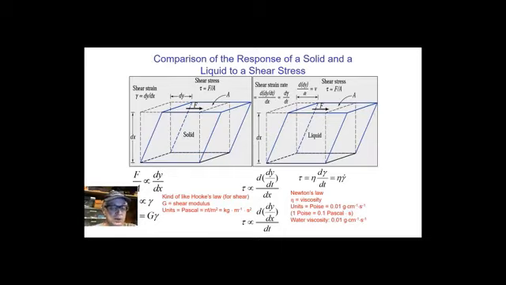Okay, let's begin with the solid, which is on the left. And this is liquid.